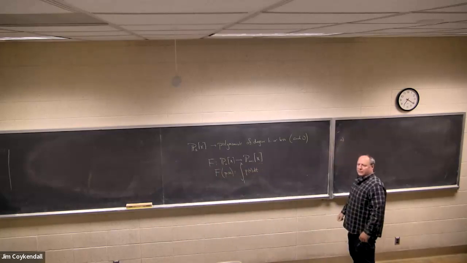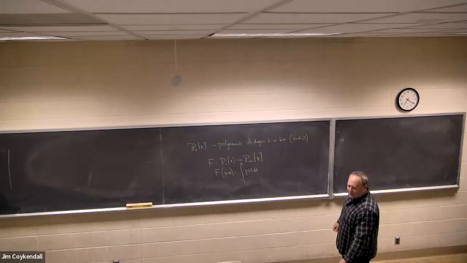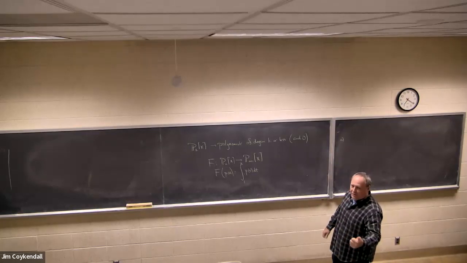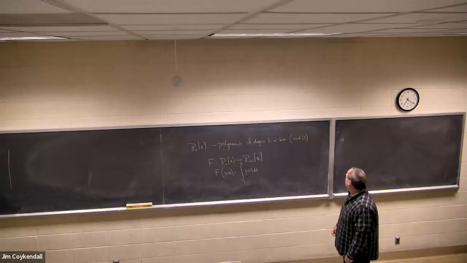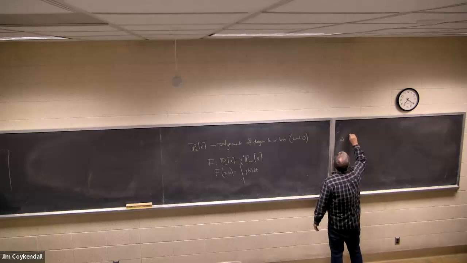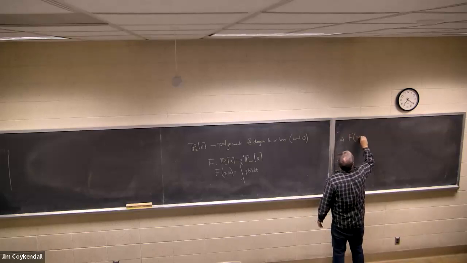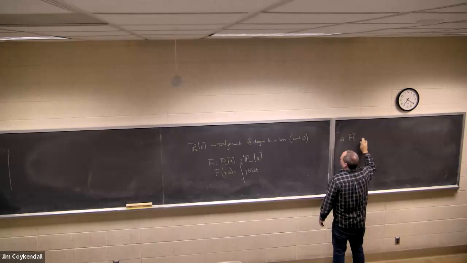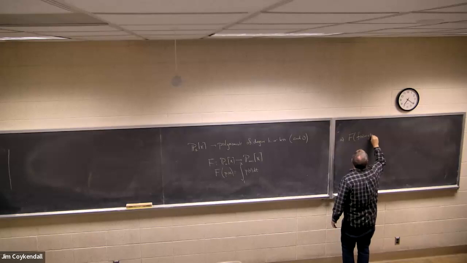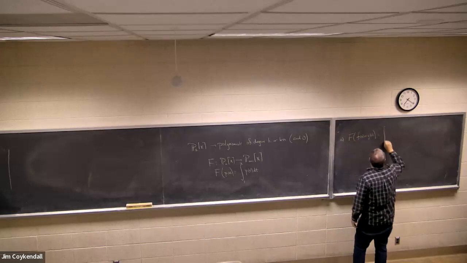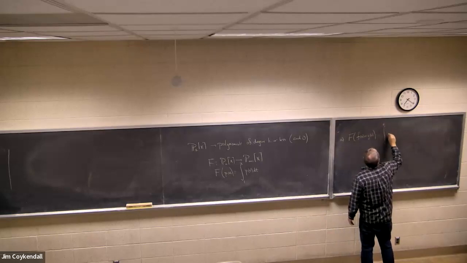To show that this function is a linear transformation, you just have to show that it respects addition and it respects scalar multiplication. So you look at F of p(x) plus q(x), well, let's say F of p(x) plus q(x). So these are both polynomials. It's the integral from 1 to x.